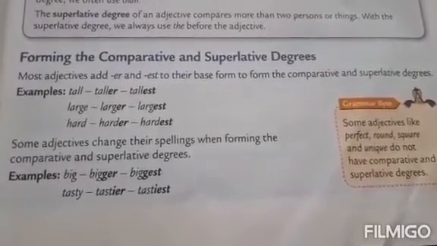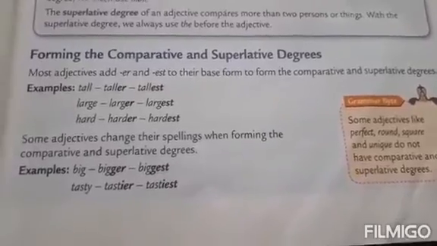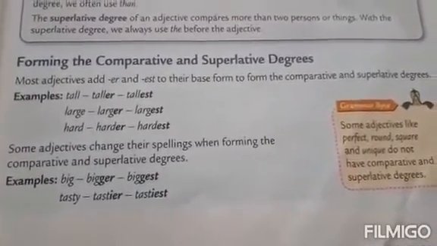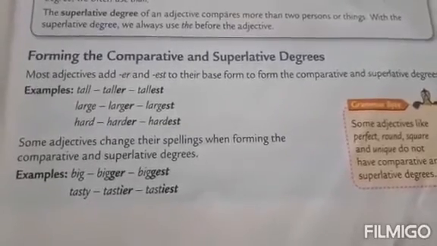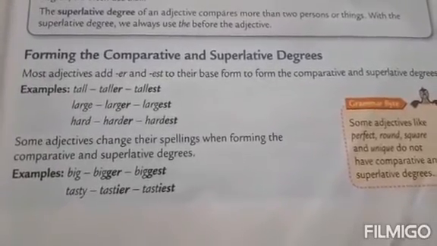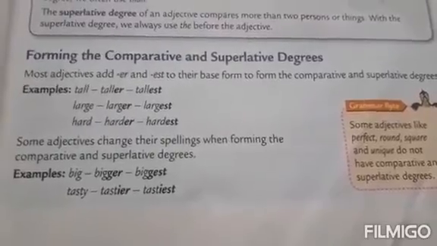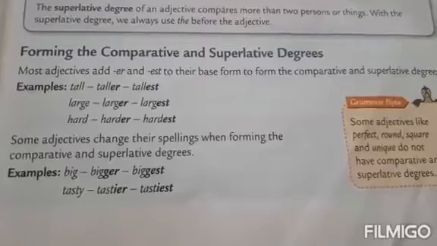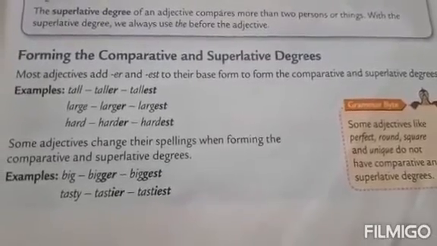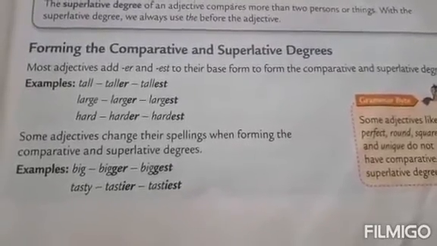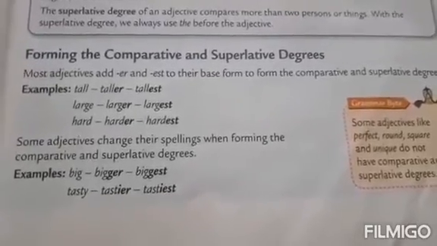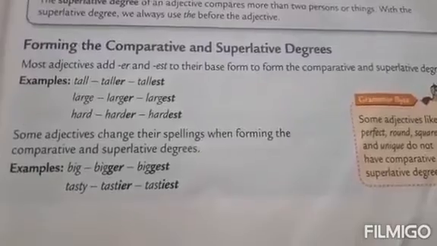In the second word, tasty, tastier, i is added and iest is added. So it has changed the spelling of the base form of adjective. This is how you can change the base form of adjective, that is positive degree, into comparative degree and superlative degree, by using er and est.